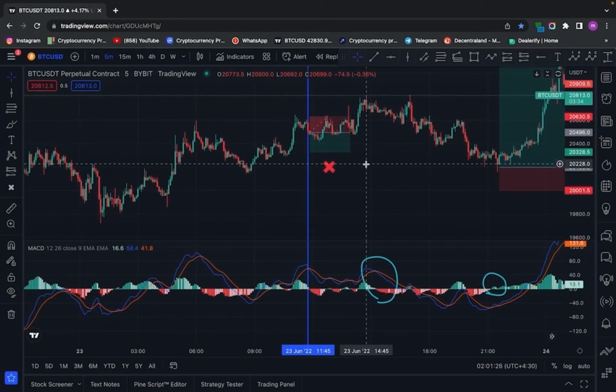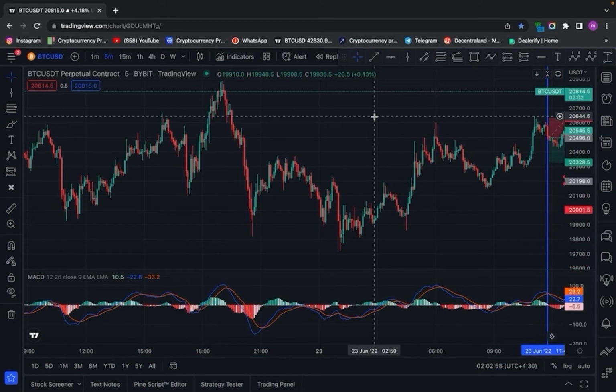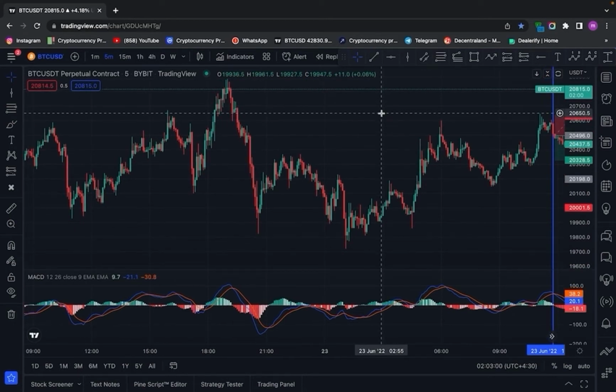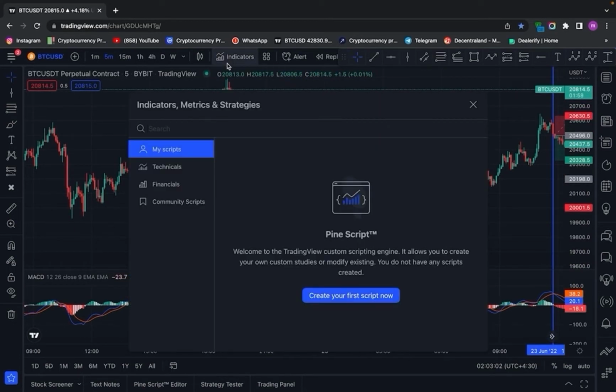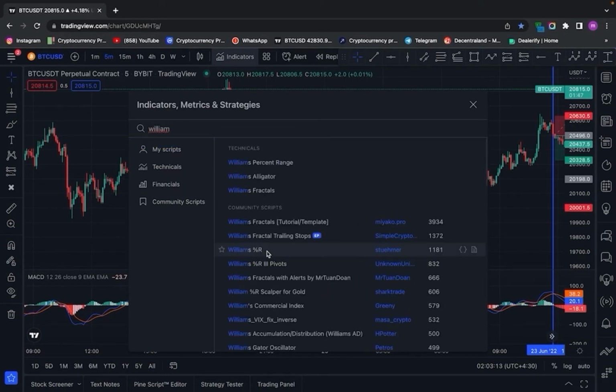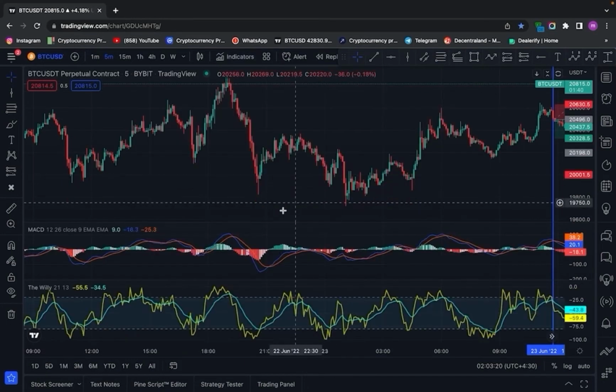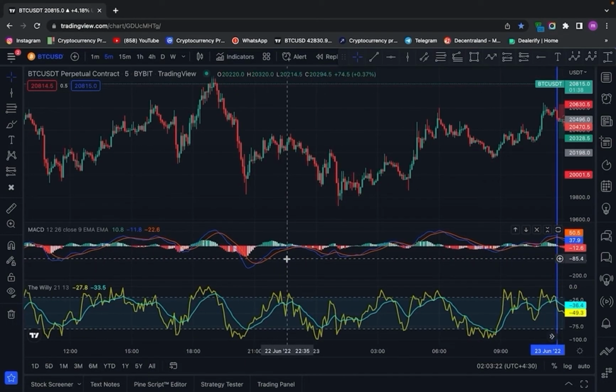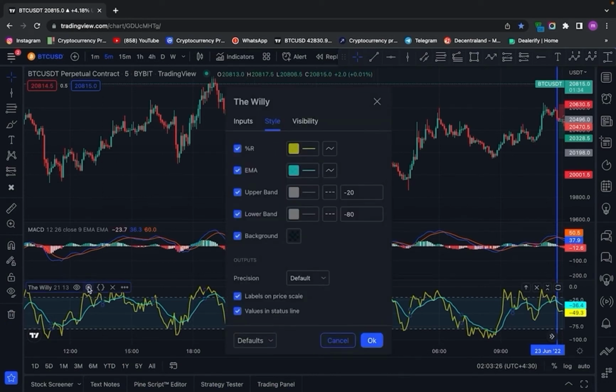So let's go to add another indicator to our chart. We go to the Indicators section, and here search for Williams, and add the popular Williams %R indicator to our charts. After adding this indicator to our chart, we enter its settings and apply some changes.